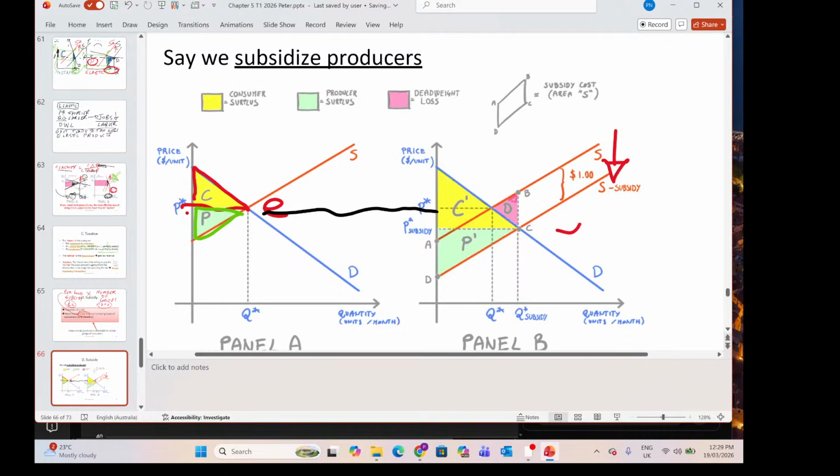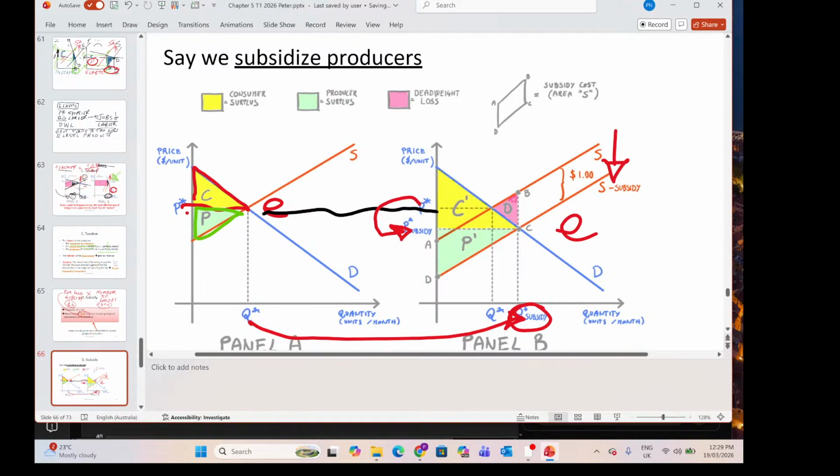There'll be a new equilibrium price. Now the price falls to a new lower price and a higher quantity. So you can see that the quantity gets bigger and the price gets lower.